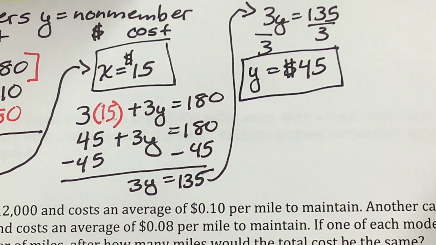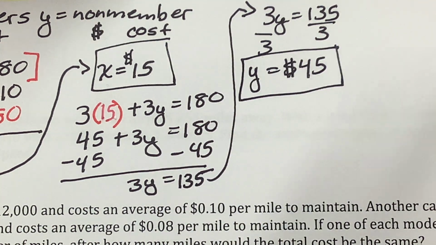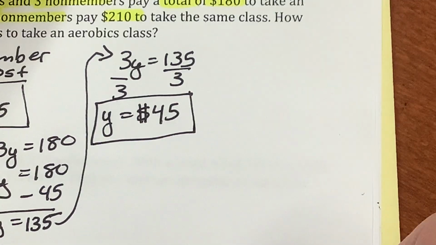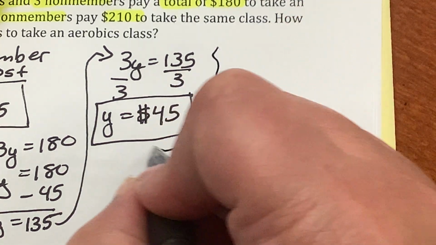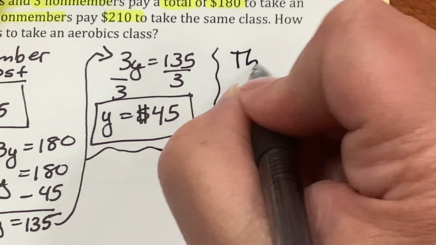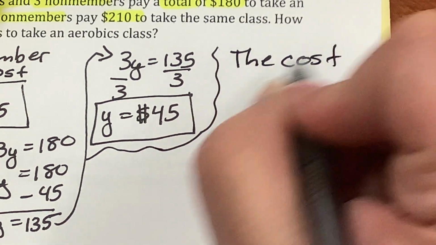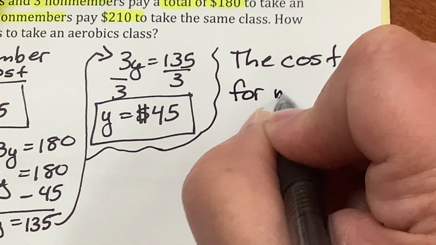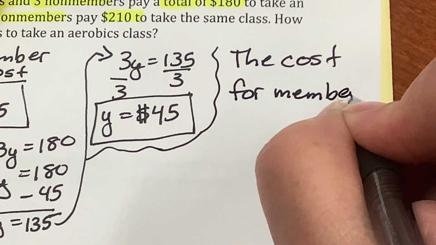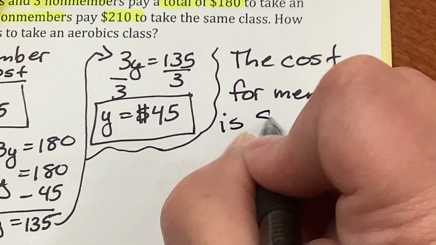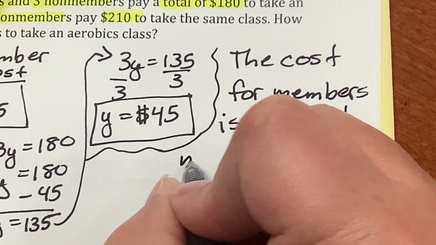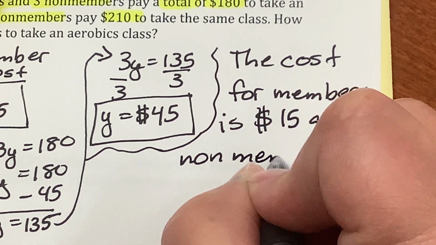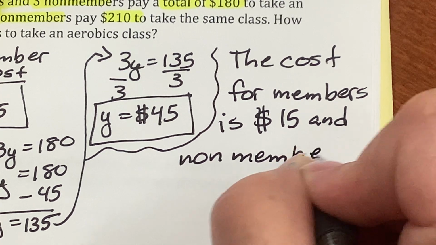Now, I have answers, but I have to write it as a sentence. Remember, when you read a word problem, you want a word answer. So I'm just going to write the cost for members is $15 and non-members is $45.